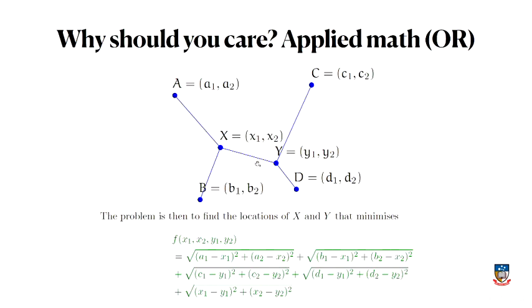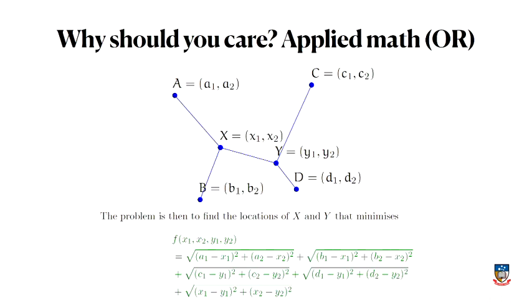So that's a pretty ugly looking cost function, and I've got 4 things that I'm trying to find here: X1, X2, Y1, and Y2. So that's a really important problem in applied math, and it's a multivariate convex optimization problem.